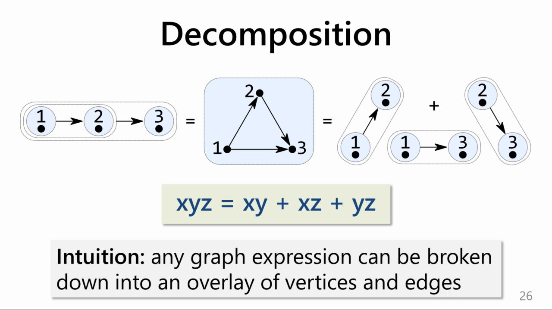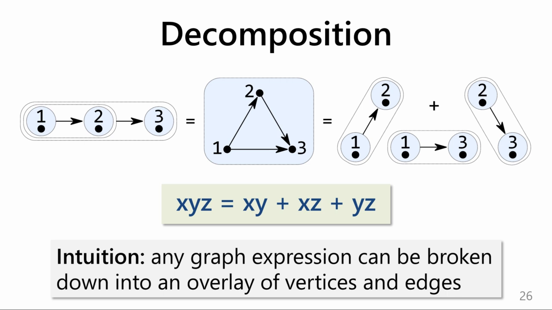If you create edge 2, 3 first, and then connect 1 to it, you again get back to this triangle. So this is an associative operation, and this law we want to hold for all expressions written in our language. We want to be able to break down a three-way multiplication into three two-way multiplications.